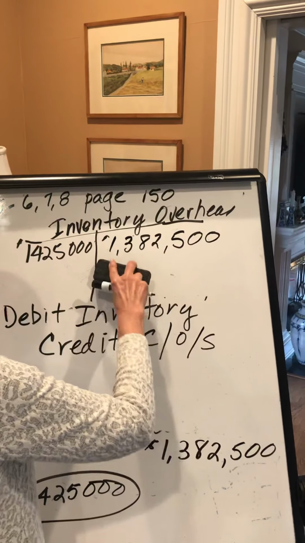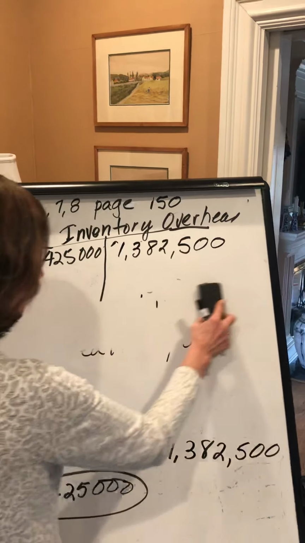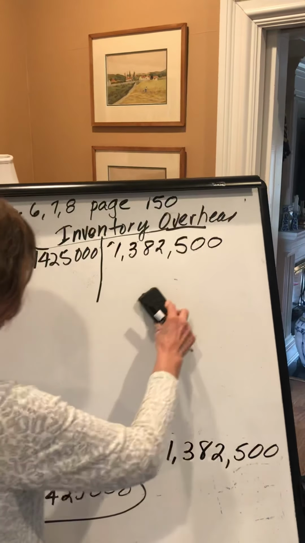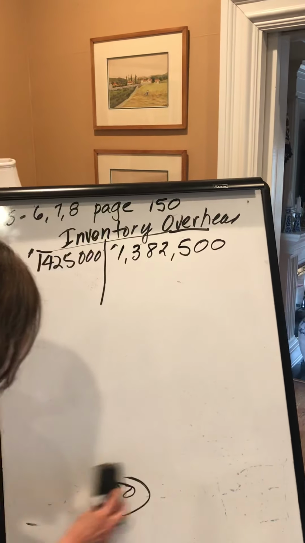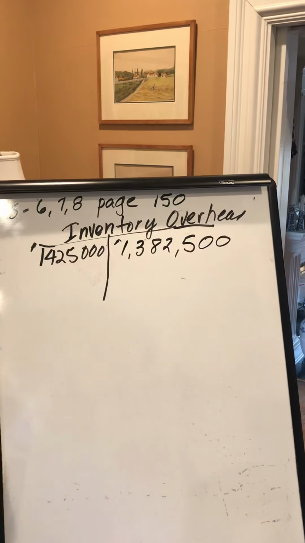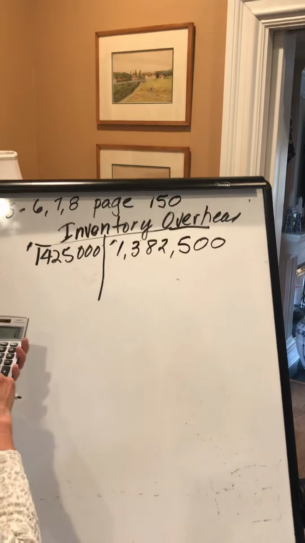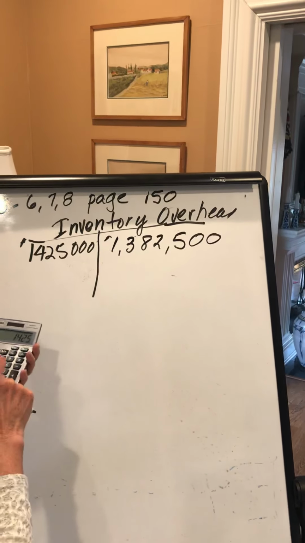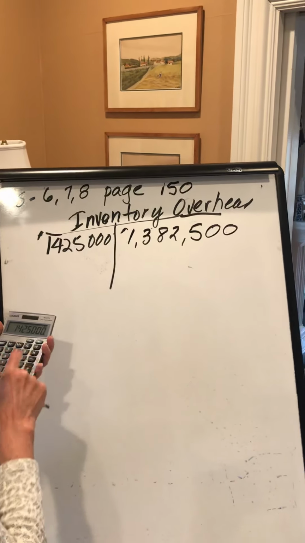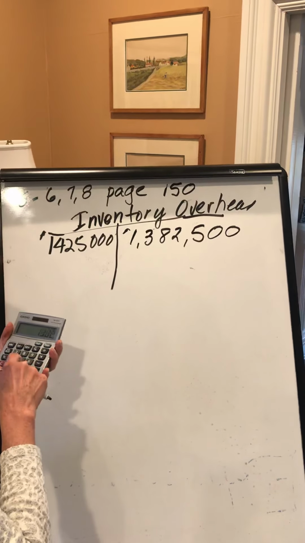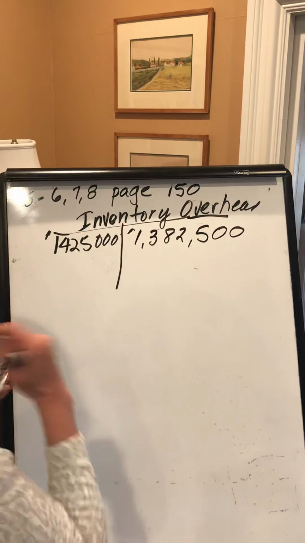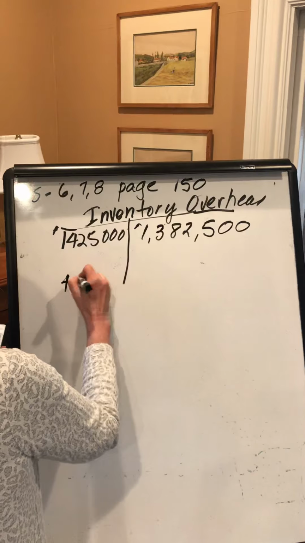And then they would have had a positive balance in the inventory account. 1,425,000 minus 1,382,500 of $42,500.